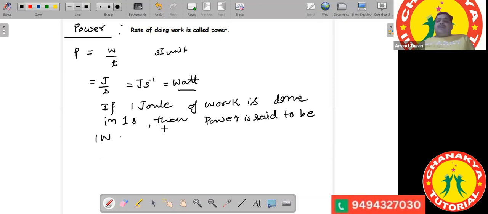So when we say that the power is 1 watt, if 1 joule of the energy is consumed or 1 joule of the work is done in 1 second, then we say that the power consumed by the device is 1 watt.